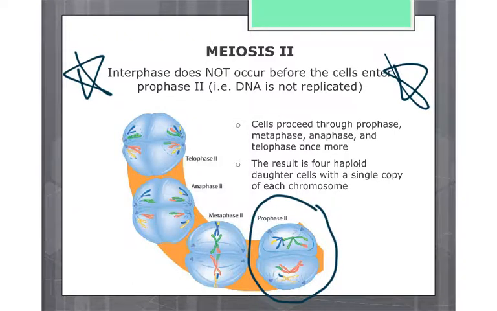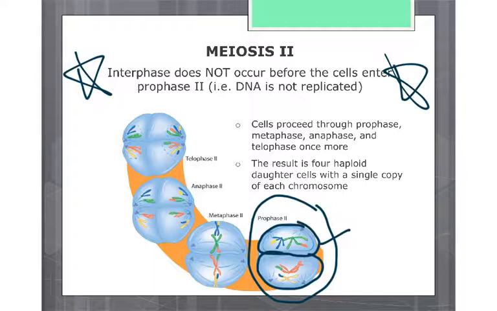When we look here, a little different is that I had one cell and now I have two cells. So when we enter meiosis 2, it's a little bit of a different start because whatever occurs in prophase, I'm looking at it twice. What we need to note here is that crossing over is not going to occur. Okay, so once again, guys, crossing over does not occur in prophase 2. It only occurs in prophase 1.